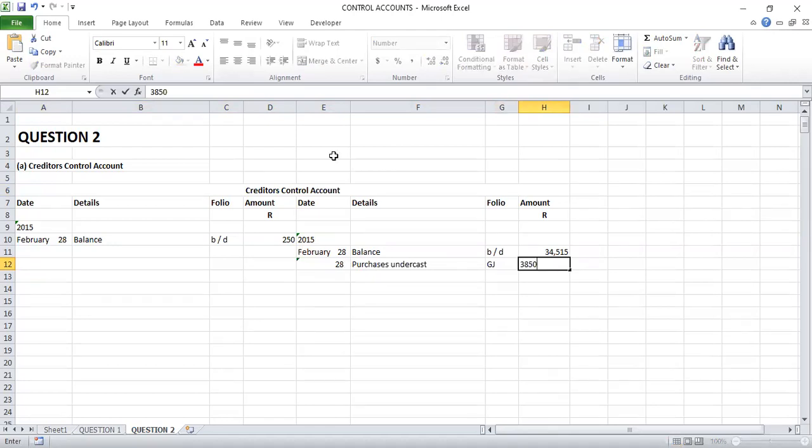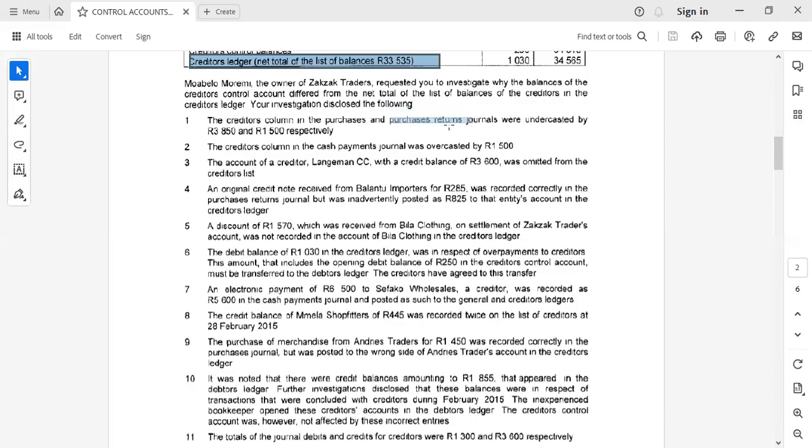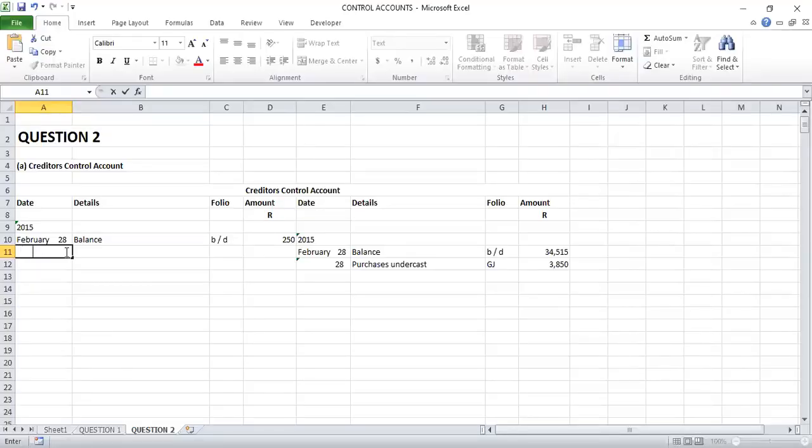And in the same transaction, they also said purchases returns were undercast by 1,850. Purchases returns reduce the amount owed, so they go on the debit side. Then we'll have purchases returns.